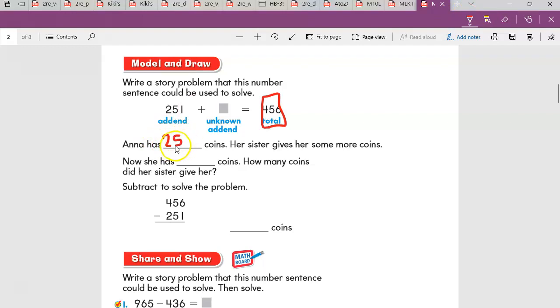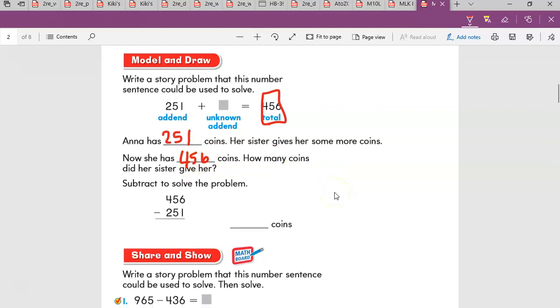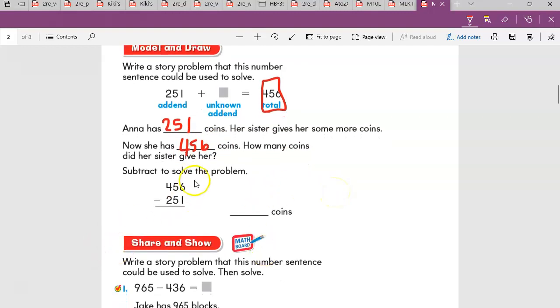And I stopped there and I knew I did something wrong because it says her sister gave her some more. That's this unknown add-in. We don't know how many more she gave her, but we know she has 456 coins total. And then how many did her sister give her? Go ahead and subtract this problem and solve it now. You can pause the video now.